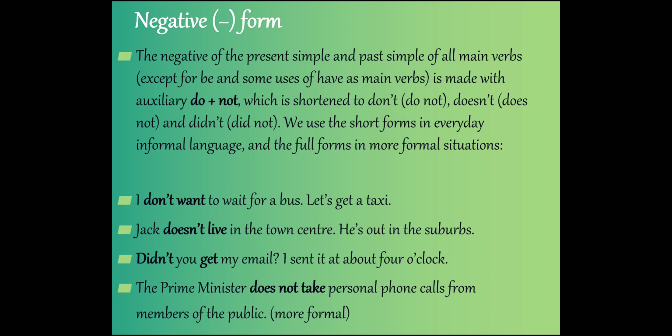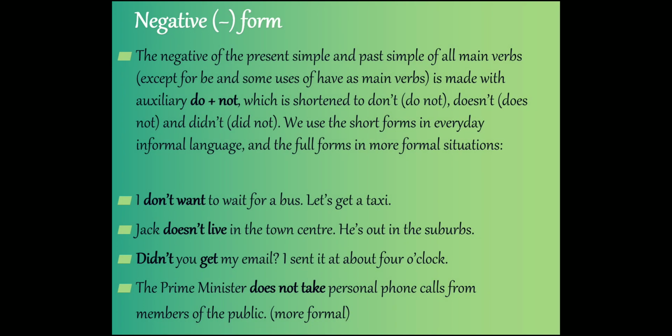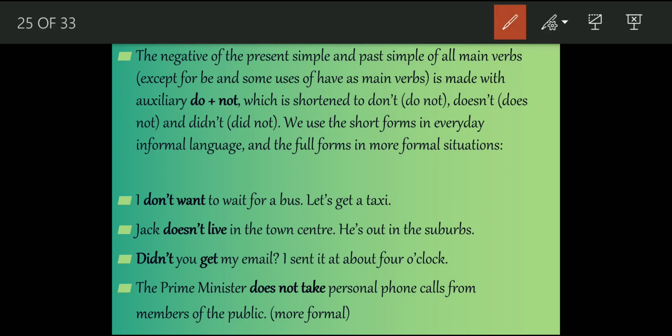In question form, those helping verbs are written before the subject. In negation there is no need for that. After the subject, to write that not we require a helping verb, and we place do and not. Do not, simply we call that don't. Jack does not live. See, here I wrote do and here I wrote does. What is the difference? For first person singular, we said it always takes do, right?